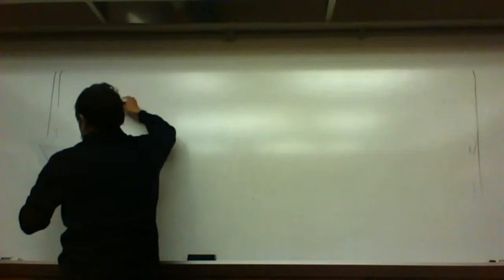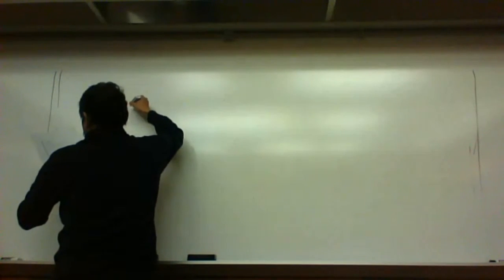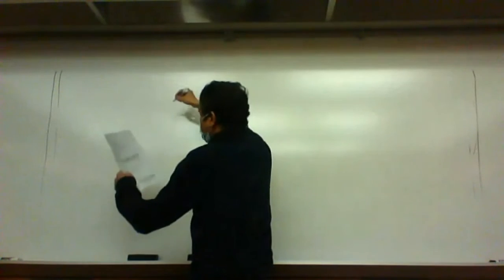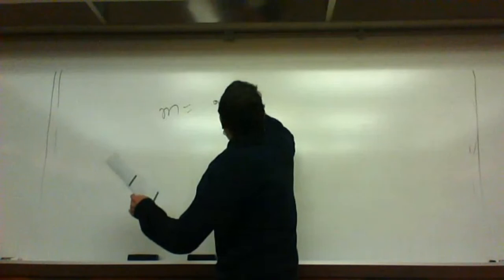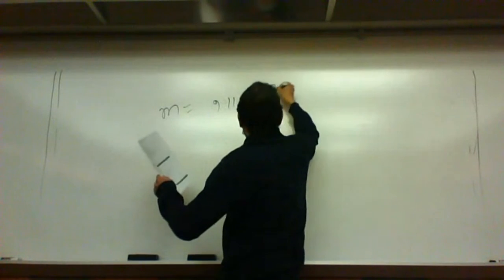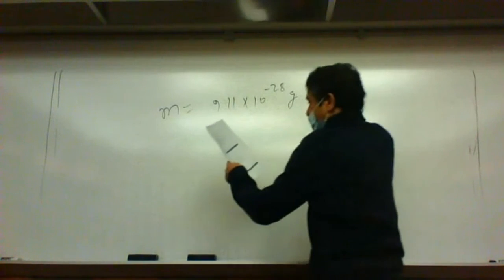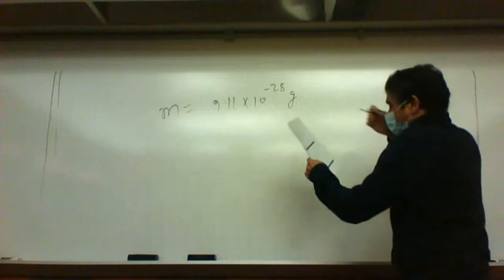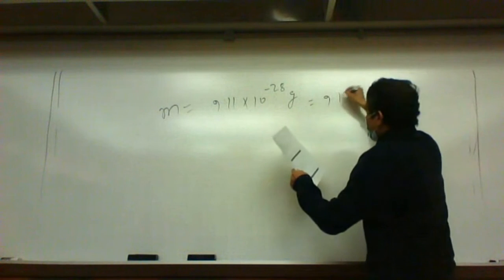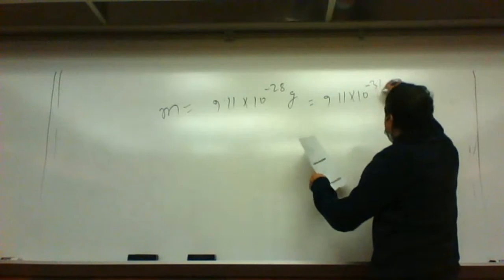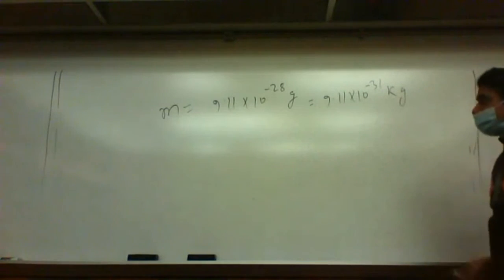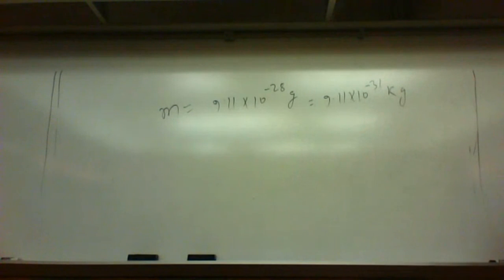Now in slide number 4, we calculate the wavelength of an electron. What is the mass of the electron? The mass of the electron is 9.11 times 10 to the power minus 28 gram. Convert this into kilograms, and that will be 9.11 times 10 to the power minus 31 kilograms. Just put it in the calculator.